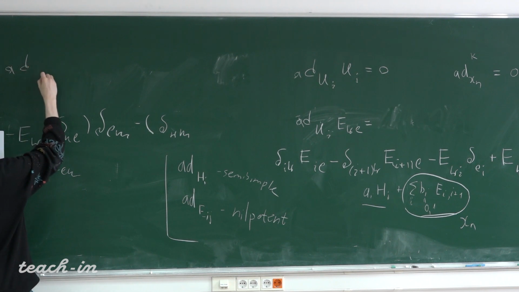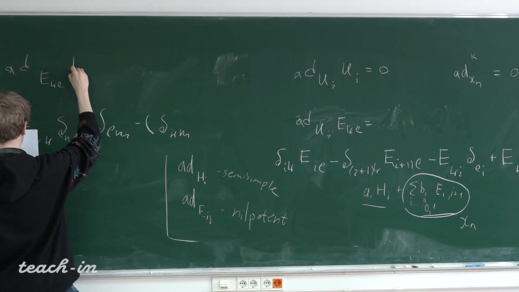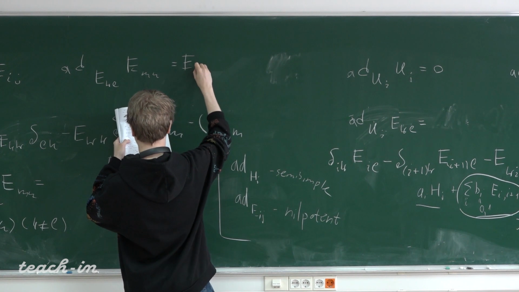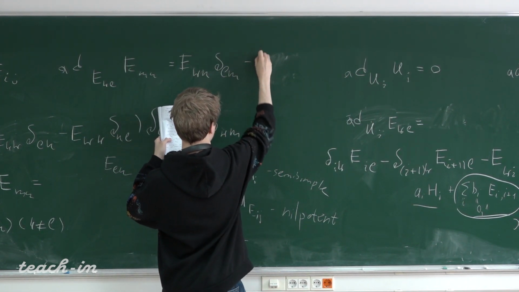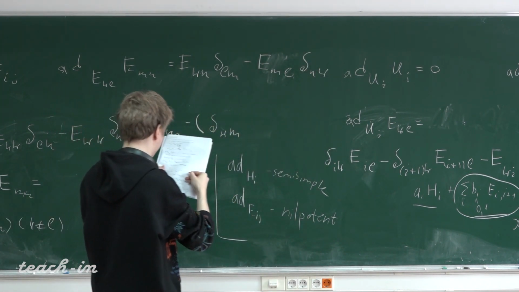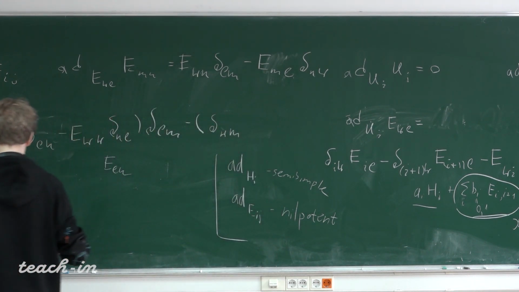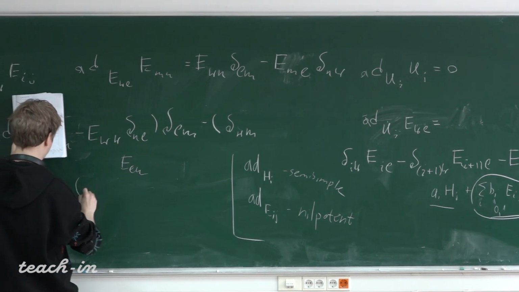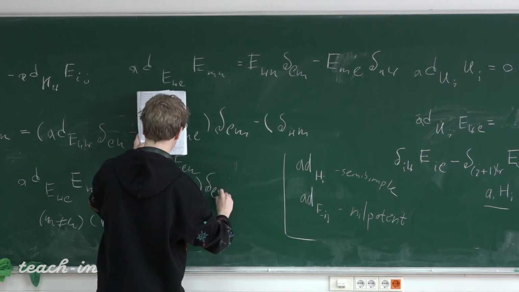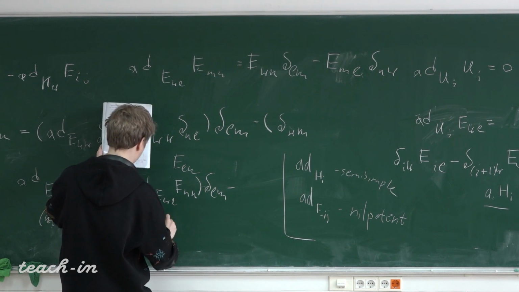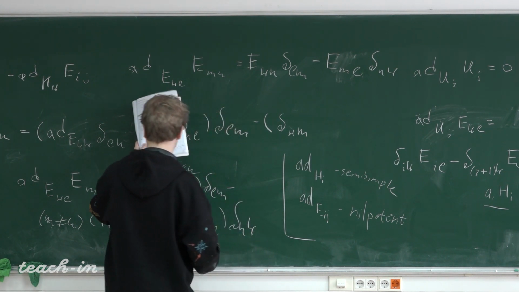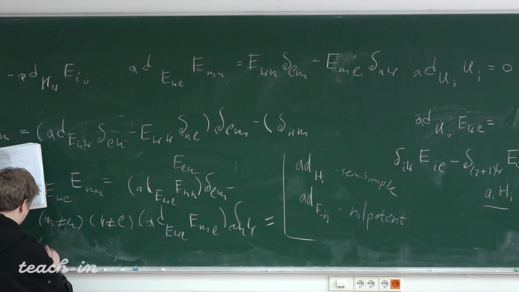First, when acting with E^{KL} on E_{M...}, we get E_{KN} delta_{LM} minus E_{ML} delta_{NK}, and then we act the second time with the adjoint representation on this, and we obtain ad E_{KL} E_{KN} delta_{LM} minus ad E_{KL} E_{ML} delta_{NK}, and this turns out to be E_{KK}.